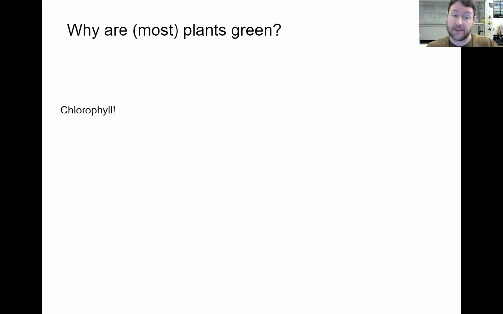It is a pigment molecule that embeds itself in the lipid or the phospholipid bilayer of those thylakoids and associates with various proteins and stuff. But it's really chlorophyll. It's absorbing the light and using that energy to power photosynthesis.